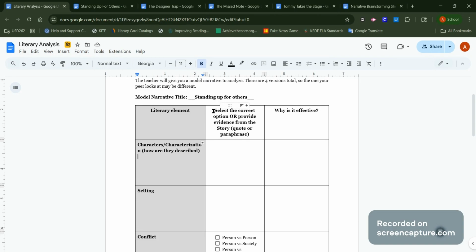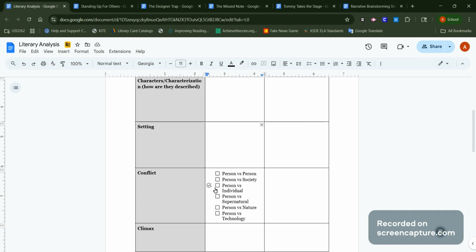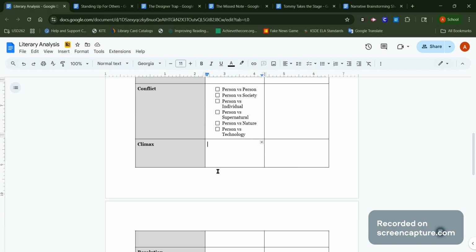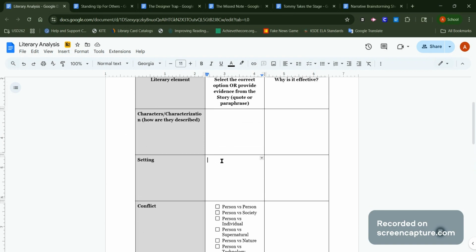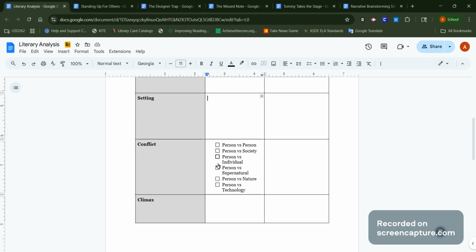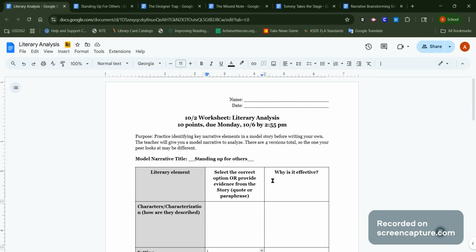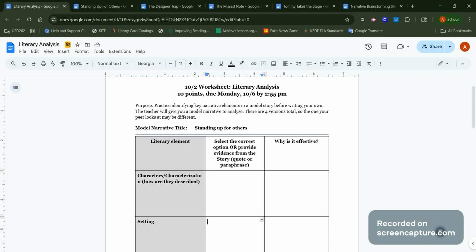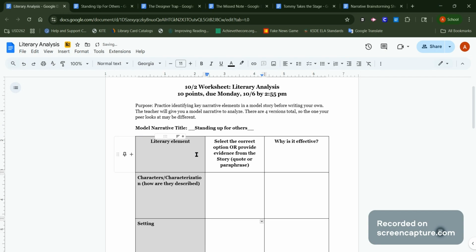You can select from that option, or you can give a quote or a paraphrase, and you'll write or type it into this first column here. For instance, for setting, I would type a quote or a paraphrase, but for conflict, I can just pick whichever one.